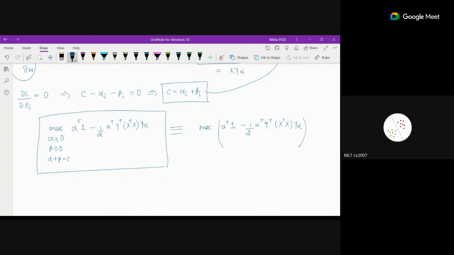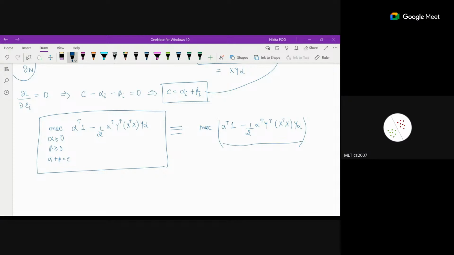Now, see, alpha and beta both are greater than equal to zero, and what we are saying is my alpha plus beta should add up to C. In the objective, if you look over here, you don't have any beta term inside, so we can kind of ignore this.